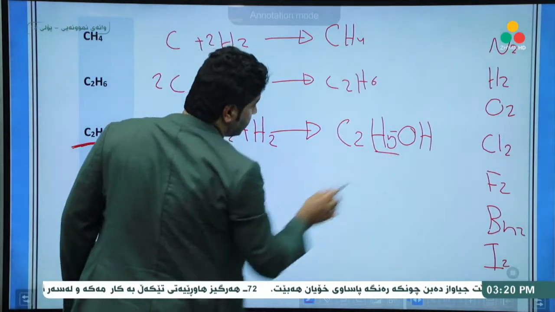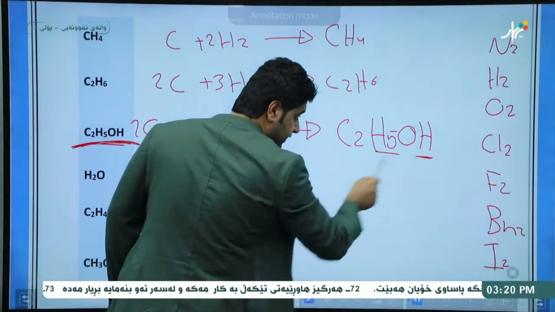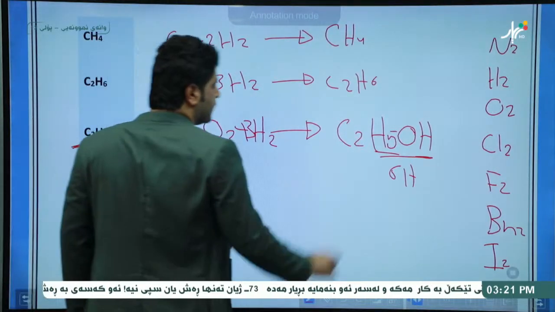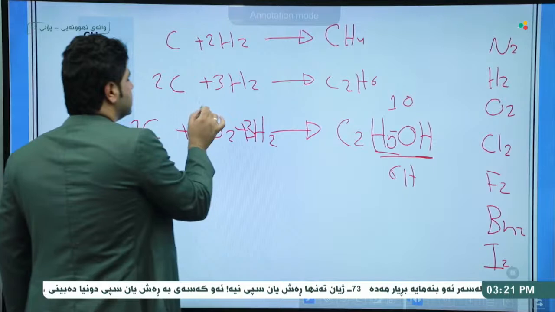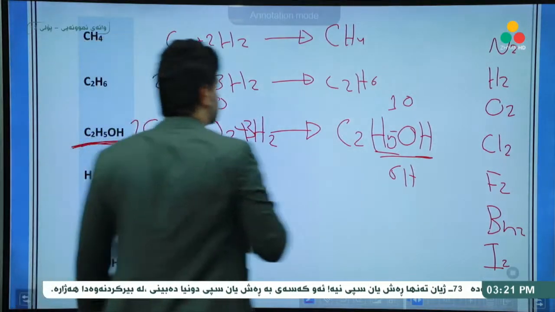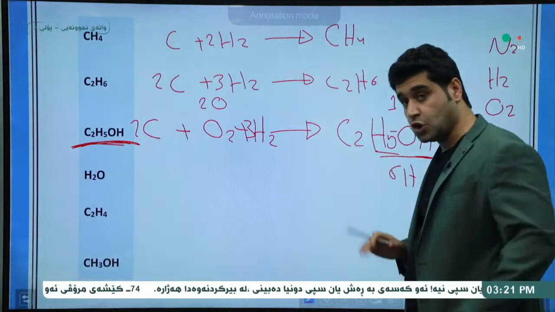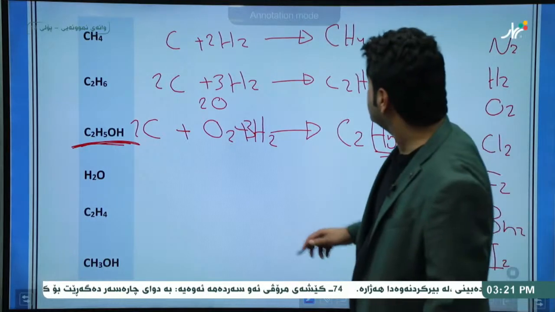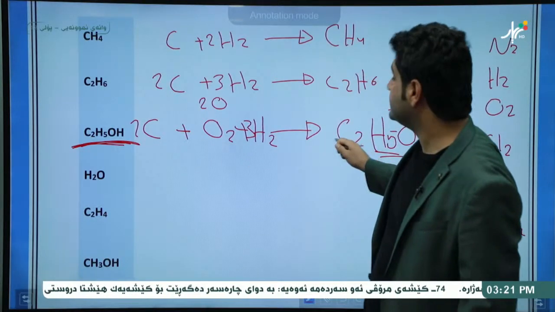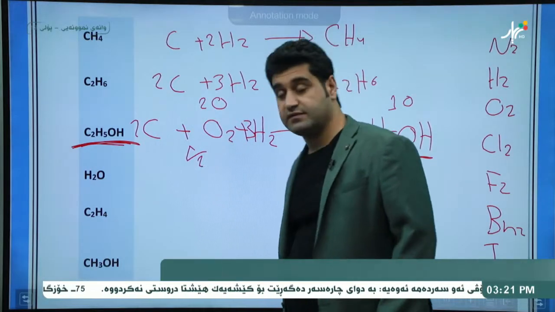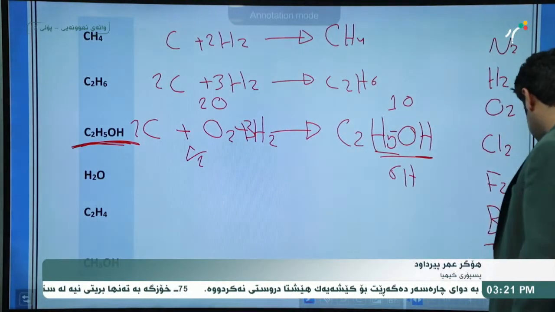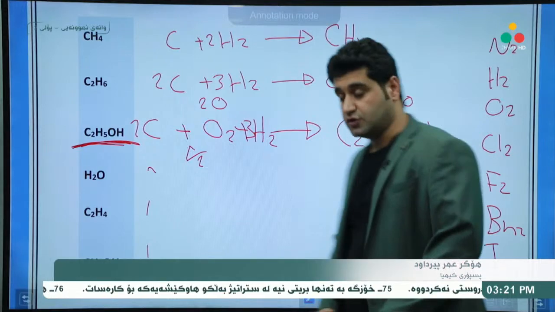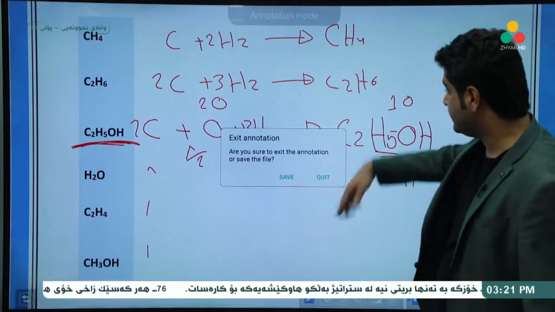We have 6 hydrogen atoms, so it must be times 3. We have one oxygen atom here, but two oxygen atoms on the other side. So multiply here by 2 simply? No, what I told you: don't touch the coefficient for the compound. Instead of multiplying here by 2, multiply here by half. It's better, it's the safest way and it's correct. These are your homework. Do that in your notebook and follow my steps.